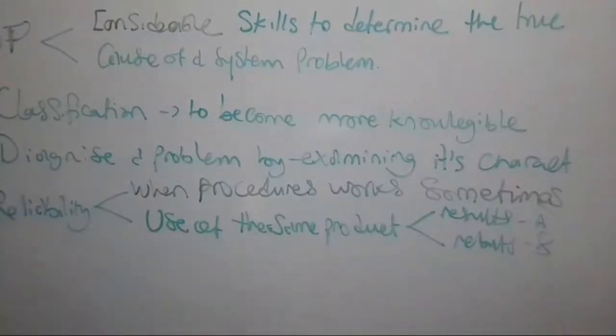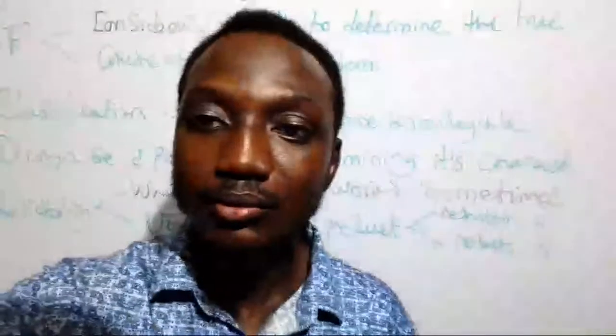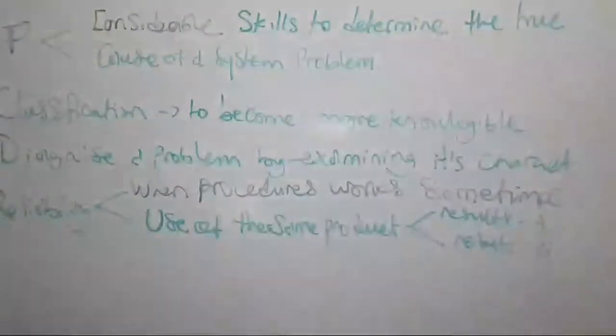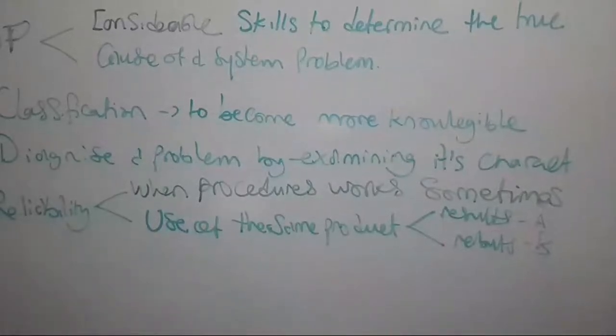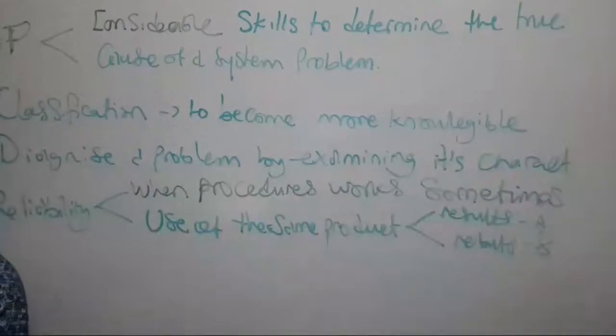So we also have the problem of validity. Here, we are simply referring to systems that produce invalid results, which are often most troublesome to users and system managers. This system might be highly reliable.